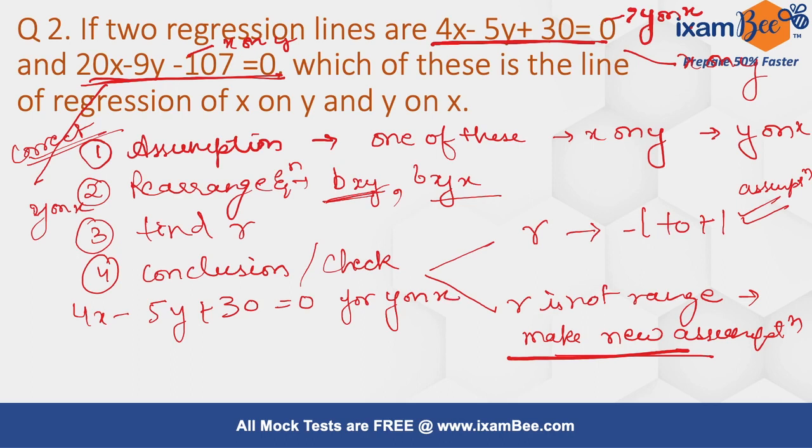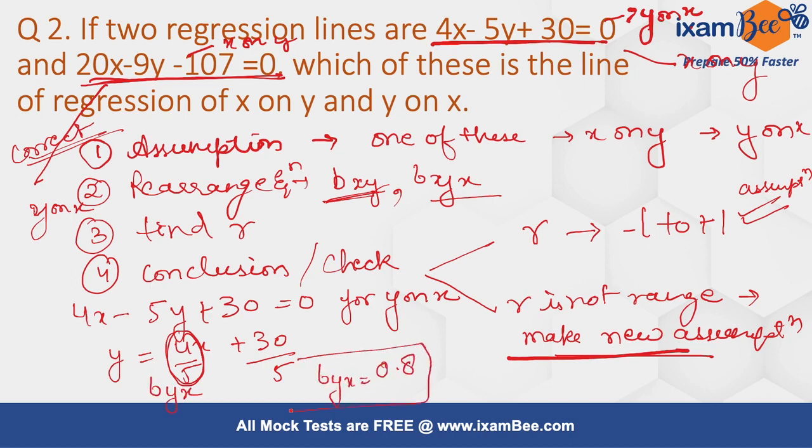You have to rearrange for the value of y. So this will become the value for the regression coefficient. So this is 0.8. So here byx is equal to 0.8. Now you have to do it for the second line and check whether our assumption was correct or not. Write your answer in the comment section.